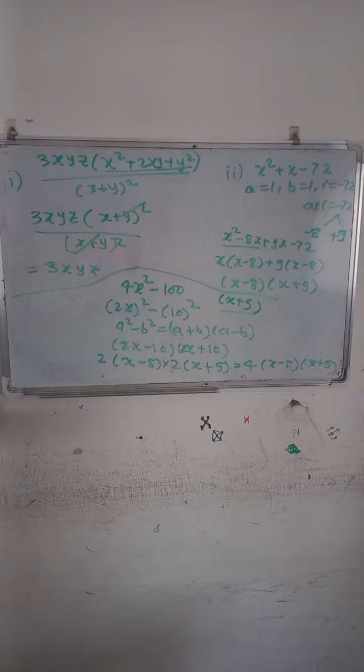Vipin cut into another sheet of area x square plus 6x plus 9. Answer the following questions based on the given information. So find the length and breadth of Sona's sheet of paper in terms of x. Then find the length and breadth of Vipin's sheet of paper in terms of x, and what is the shape of Vipin's sheet of paper.